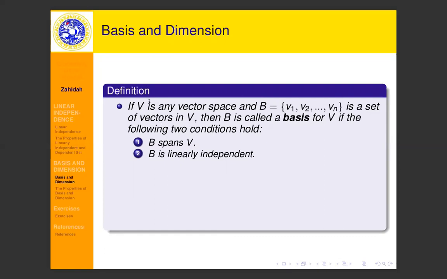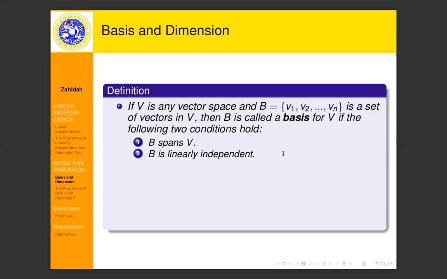We have V, a vector space, and B is a set that contains v1, v2, until vn, where v1, v2, vn are vectors in V. Then B is a basis for V if B spans V and B is linearly independent.